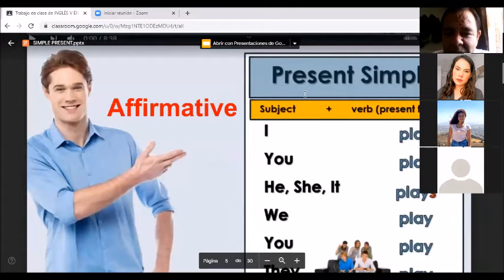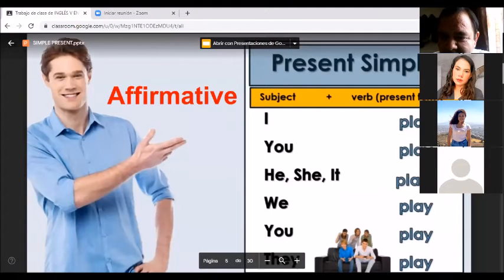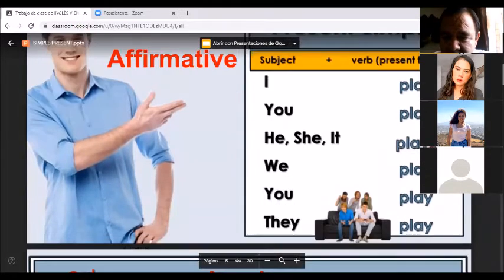Remember that for affirmative, we use the same form of the verb for any person: I play, you play, we play, you play, they play, and for he, she, it, we use plays. This is an important characteristic of the verbs in simple present with the third person.